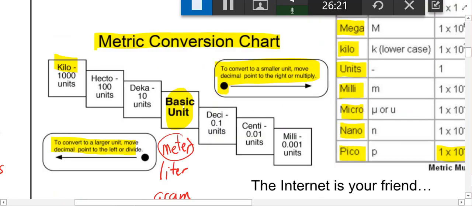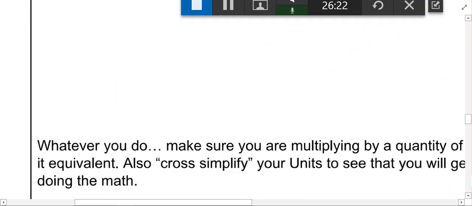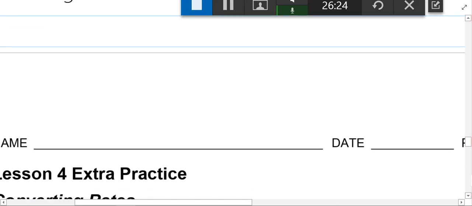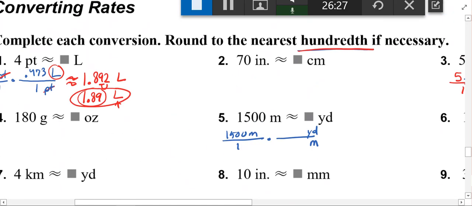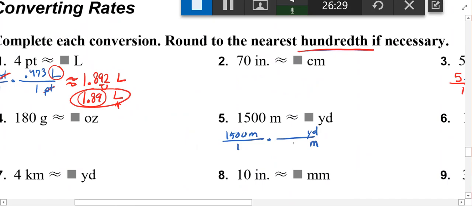See if I can remember that. 1.094 is equal to 1 meter. So let's check this out. Meters are gone. Yards is what I have left over, so I'm on the right track.